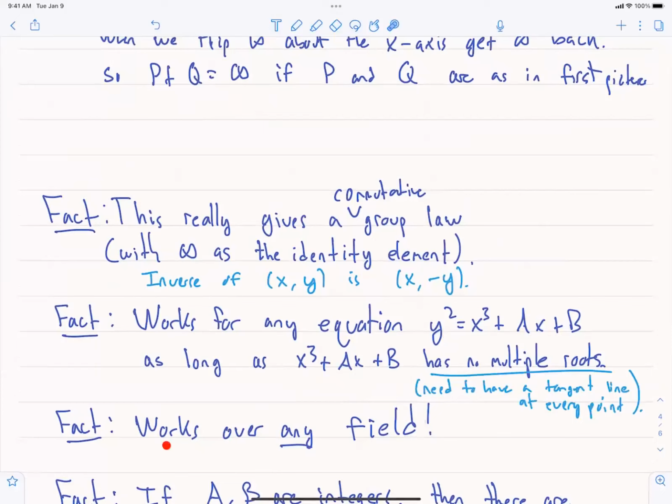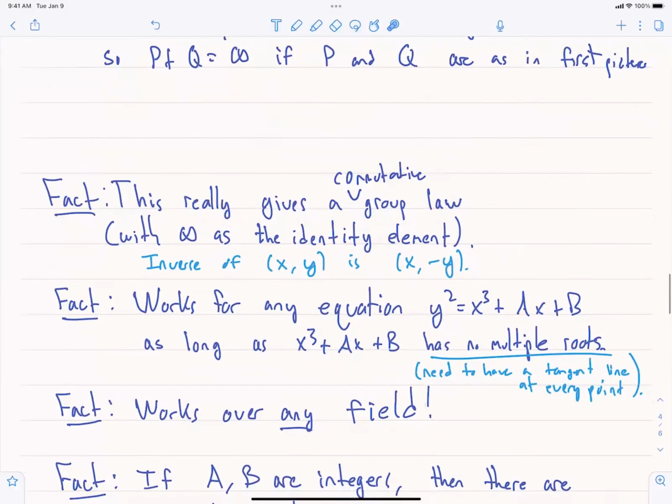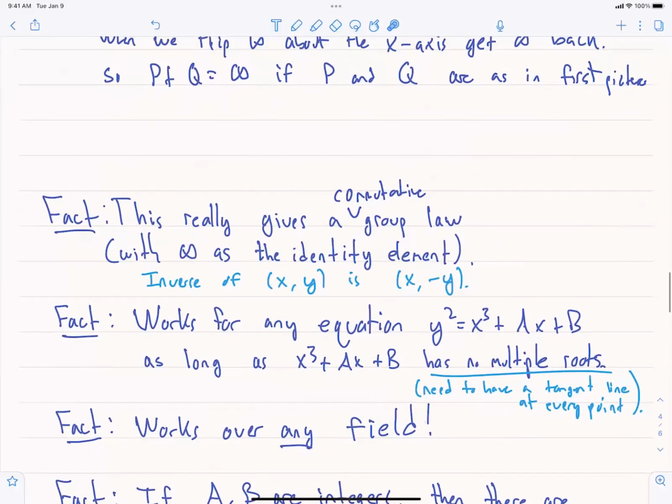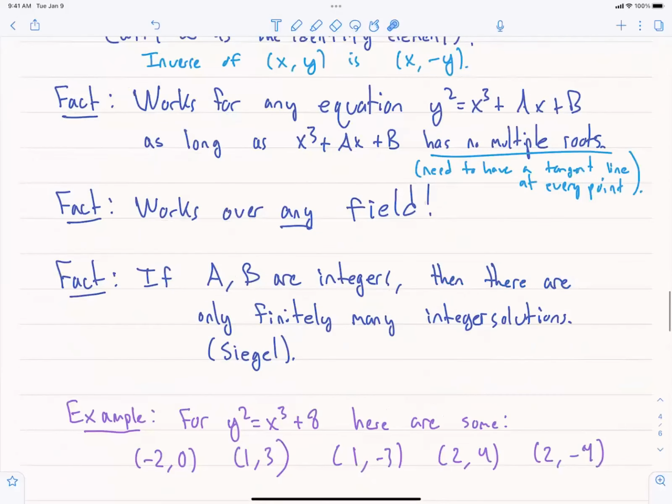But really, this group law works for solutions with entries in any field. We'll see that when we work out the formulas for the group law: if you start with x and y coordinates in one field, it spits out x and y coordinates in that same field.